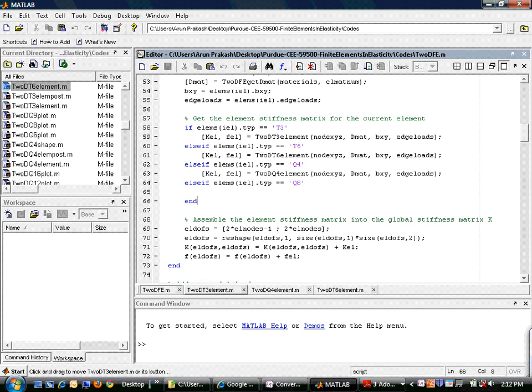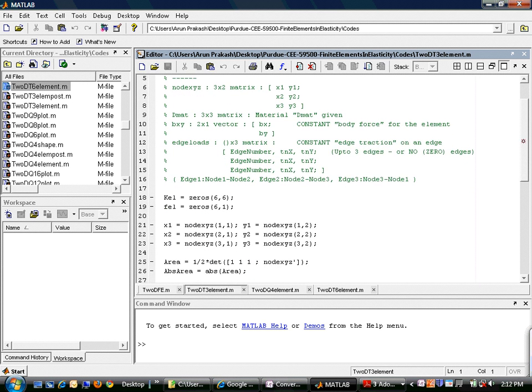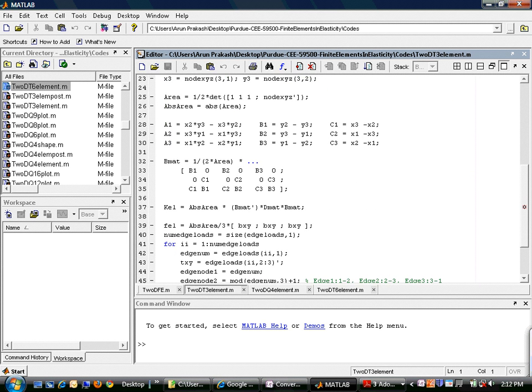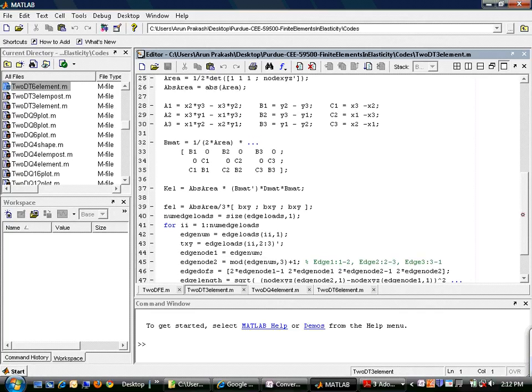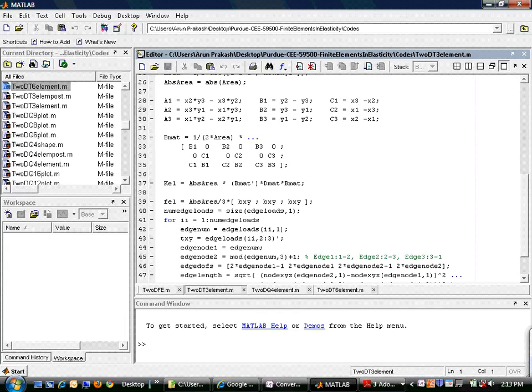So let me briefly go over this T3 element. The code for this was really not too complicated. If somebody gives you the coordinates x1, x2, x3, and y1, y2, y3, we saw that the B matrix will be constants. This is a constant strain triangle.